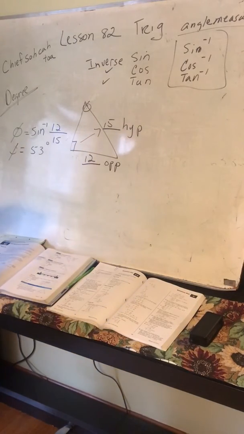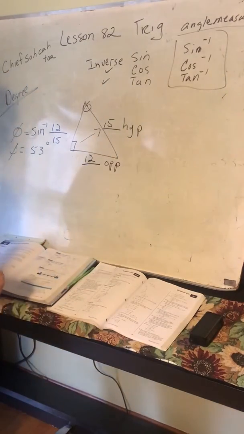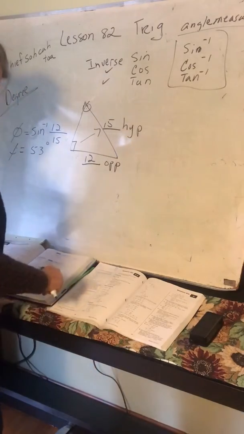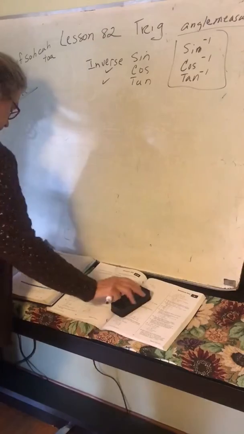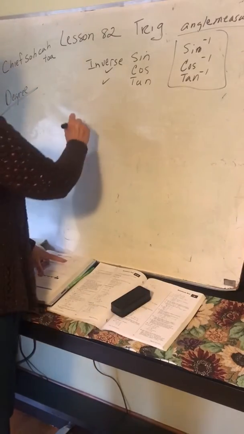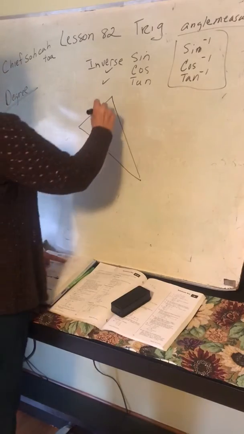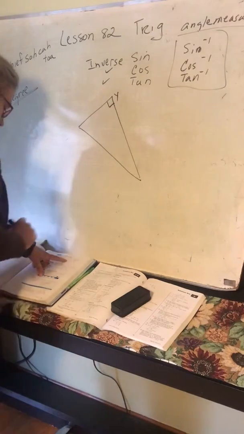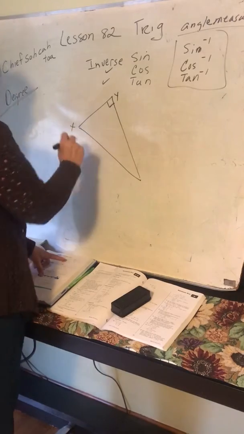Okay, I'll do another one with you. Clear your calculator, leave it in second. And let's look at another one. We're going to use this one. We have a y here, x here.